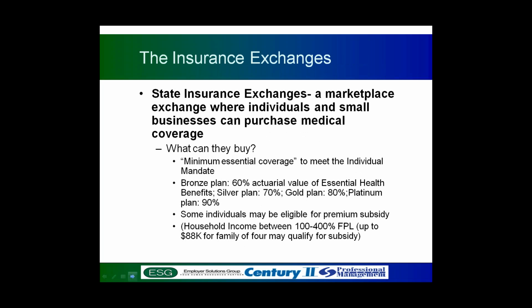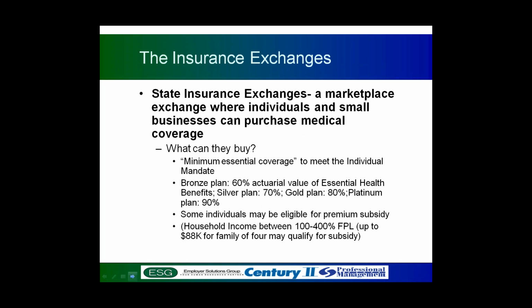Now, the exchanges: each state has an insurance exchange or marketplace or participates in the federal exchange. And this is the place where individuals and small businesses can go to purchase medical coverage.